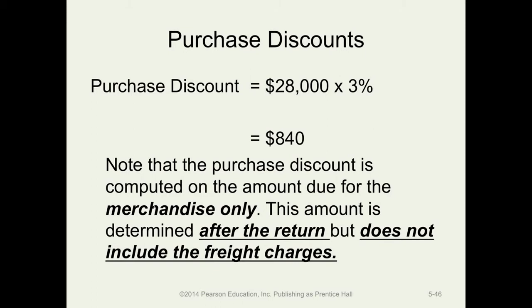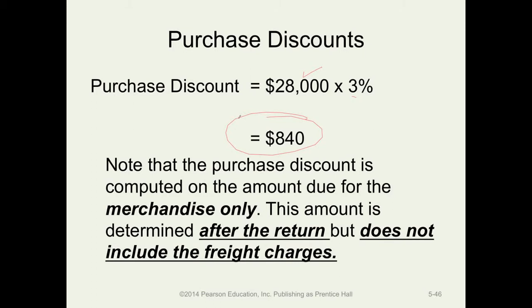We record the purchase discount directly to merchandise inventory because once again, just as freight increased the cost of inventory, just as a purchase return and allowance reduce the cost of inventory, the discount reduces the cost of inventory. So in this case, the accounts payable balance, as we showed you, was $28,000. 3% of that is $840. This reduces the cost of inventory if it's paid within the discount period.